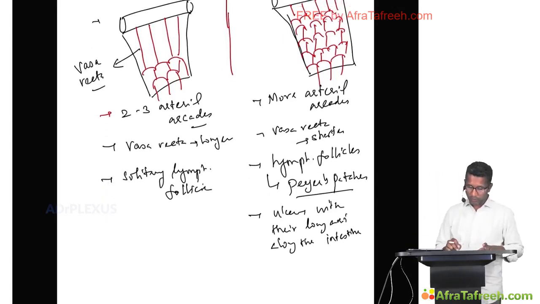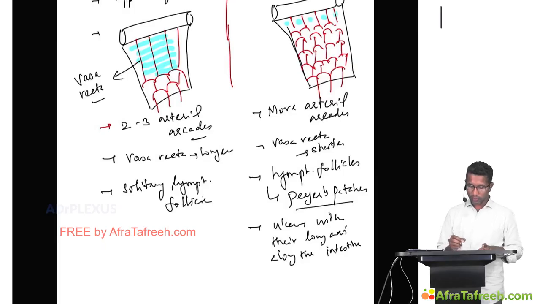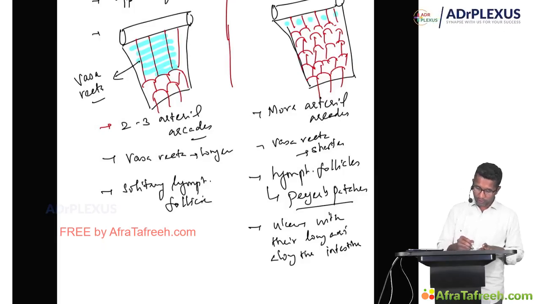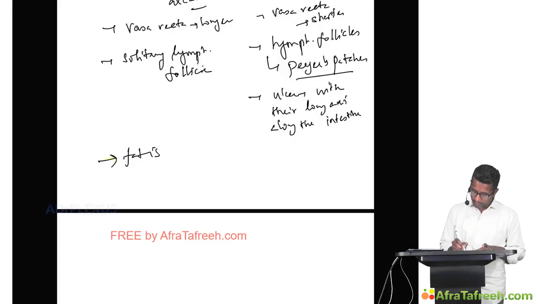Okay, and when you see the fat here, there will be complete fat, but in the other you can see a lot of windows in the fat. So the fat is less here, and here the fat is thick.